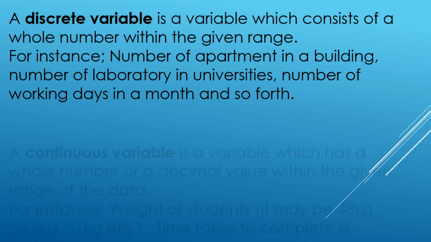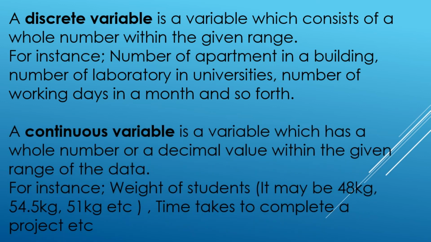But what is the meaning of a continuous variable? Students, a continuous variable is a variable which has a whole number or a decimal value within the given range of the data. For example, the weight of a student. The weight of a student may be 48 kg, that is a whole number.